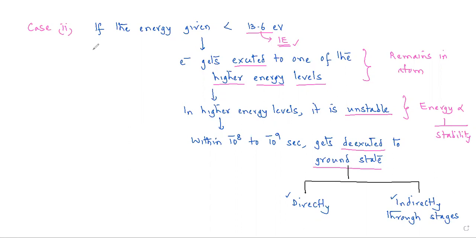So it remains in the atom, but anyway, it got energy, so it gets excited to one of the higher energy levels. Remember, infinite number of orbits are possible. There may not be electrons in the orbits, but you will have orbits, not just one, because hydrogen has 1s1 configuration.